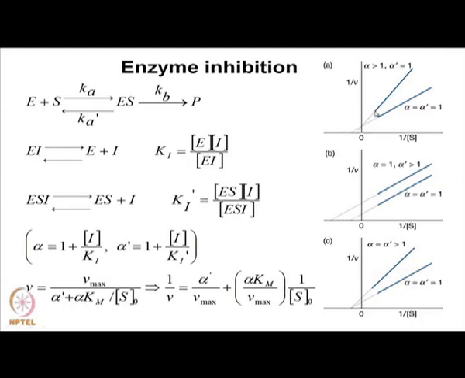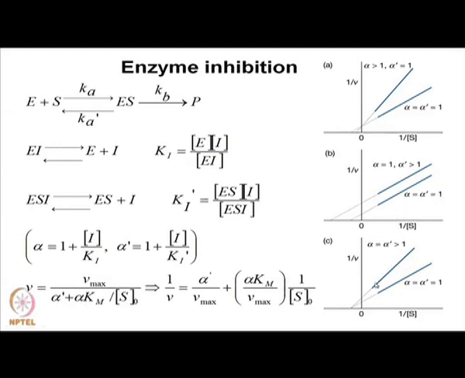In the second, alpha is equal to 1 and alpha prime is greater than 1, shown in curve B. In the other, alpha is equal to alpha prime is equal to 1.